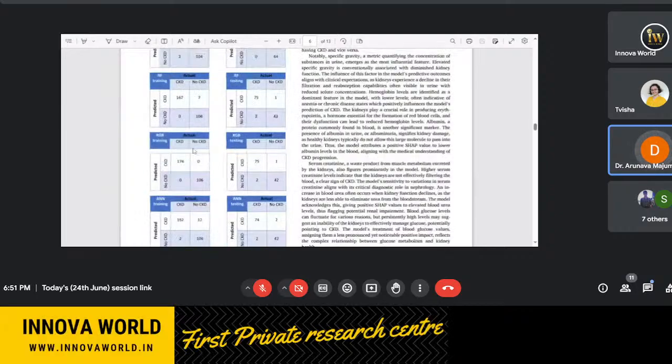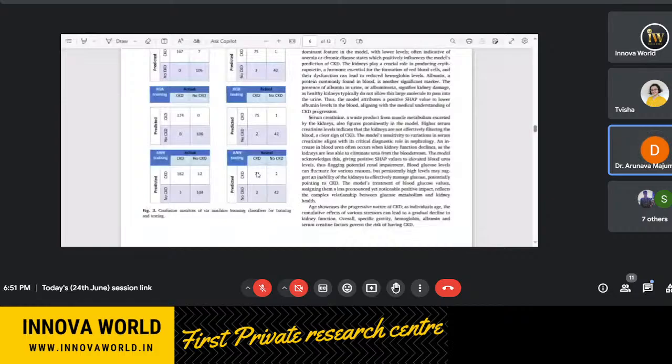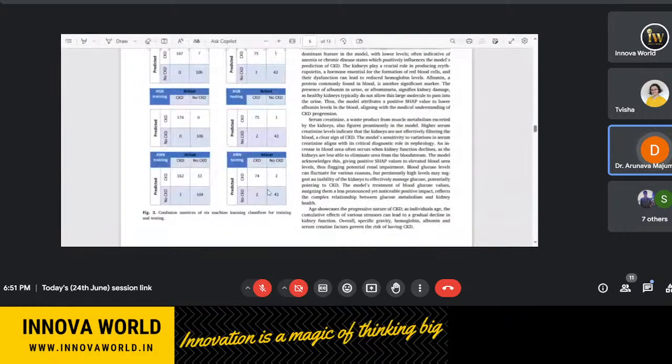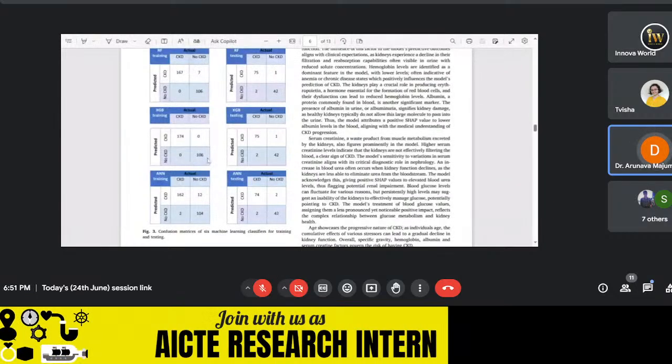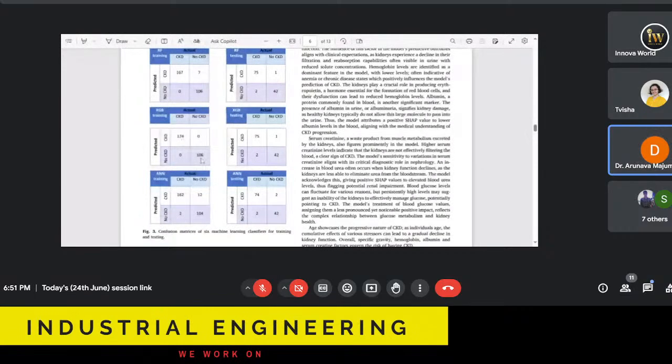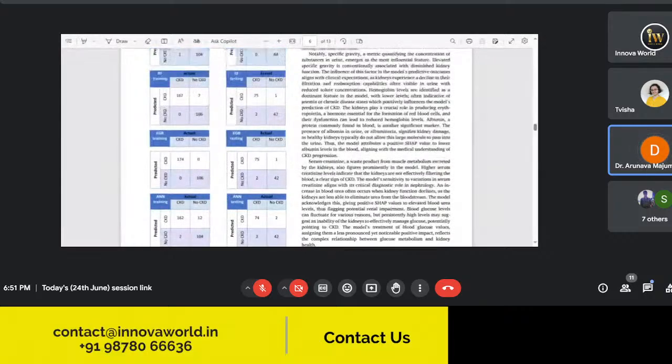XGB testing and training. ANN testing and training. All the confusion matrices are created, and using them you can see the diagonal elements have the highest values, and the other elements have the lowest values.